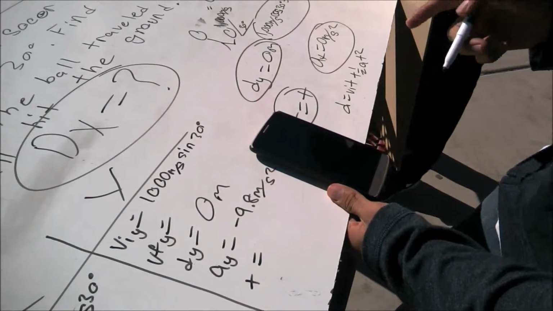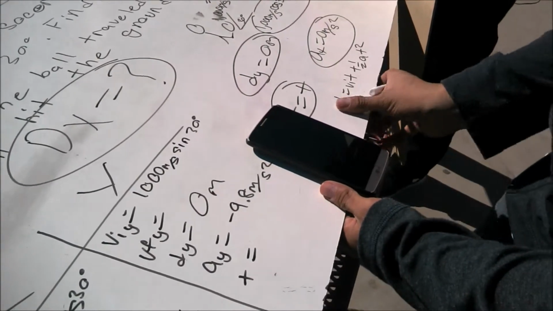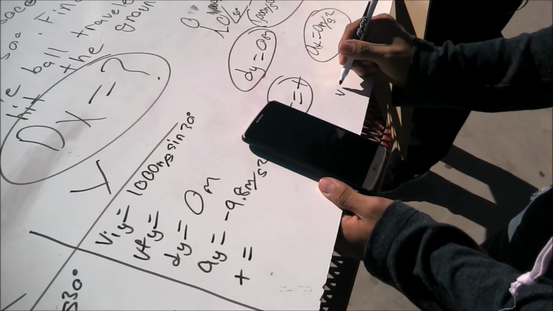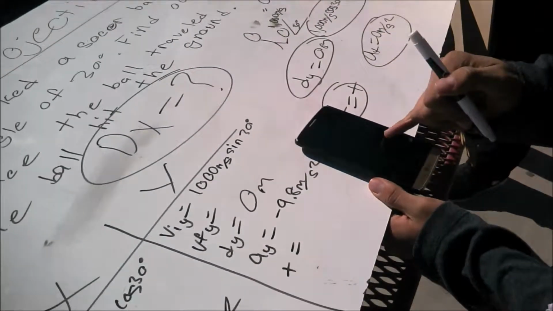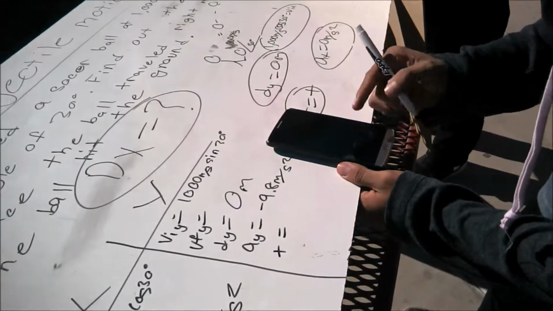Alright, now having those equations and all this information given, let's solve for time. Alright, so let's get one of the equations from the 3x5 card.